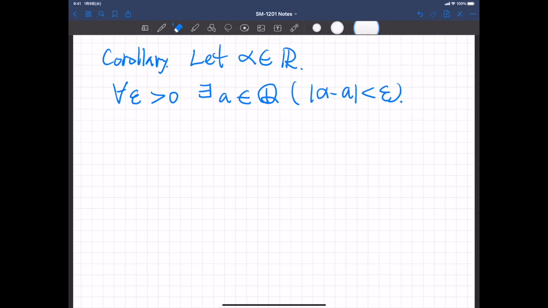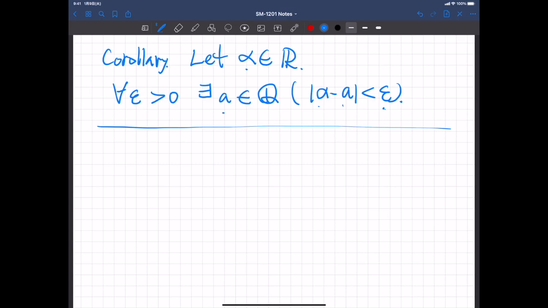So this means any real number can be approximated by a rational number to arbitrary precision. However small this epsilon is, the difference between alpha and a is less than that epsilon.